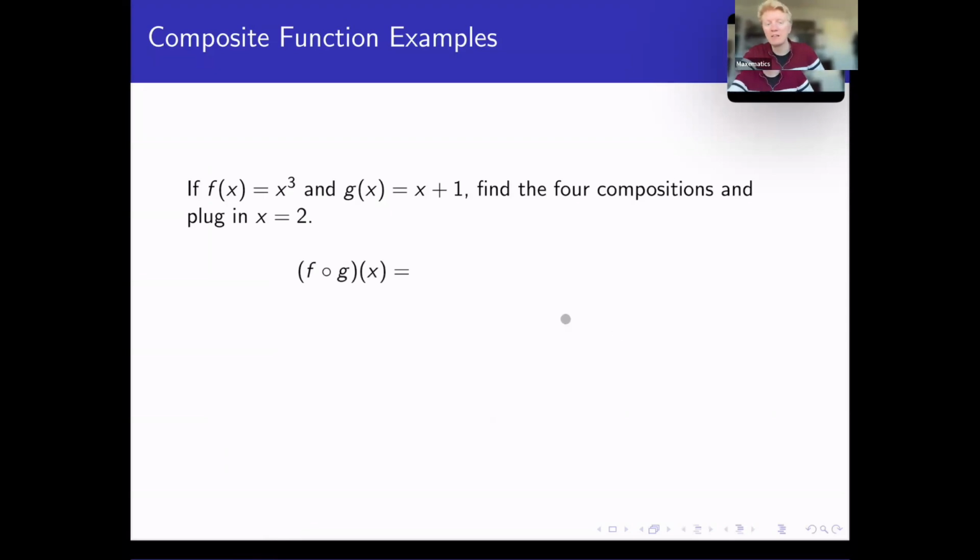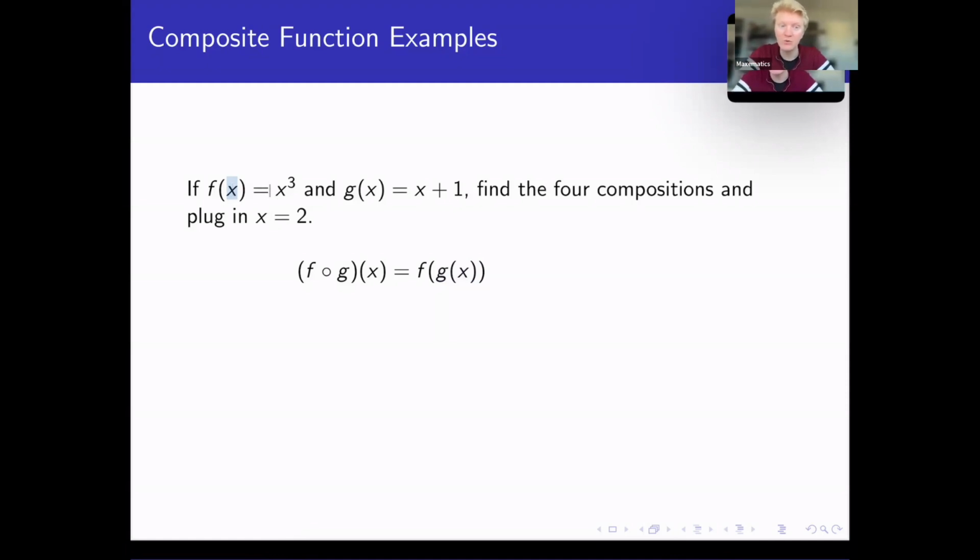Okay, let's start with f of g of x. F of g of x says wherever we see f, we're going to write g of x. Think back to when we originally started talking about functions. I said that f of potato says wherever we see x, plug in potato.